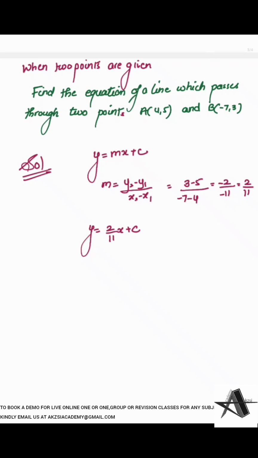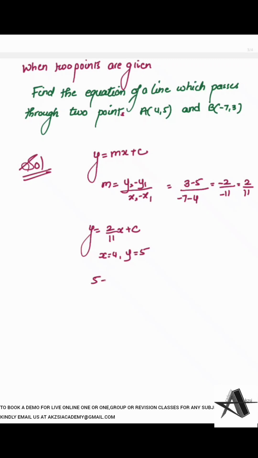As I told you, any points lying on the circle, on the straight line or parabola, whatever the curve, will always satisfy that equation. So that means I can pick any one. A will work, B will work, both will give me the same answer. So let me put the value of A, that is x as 4 and y as 5.